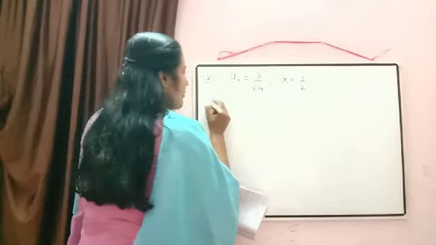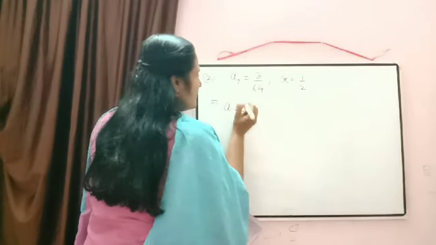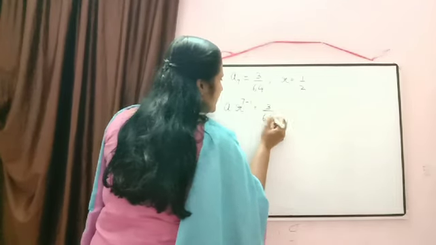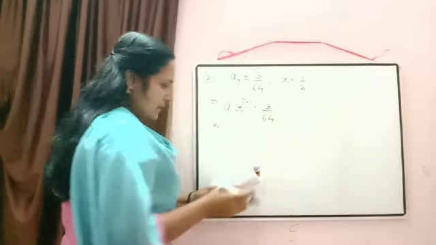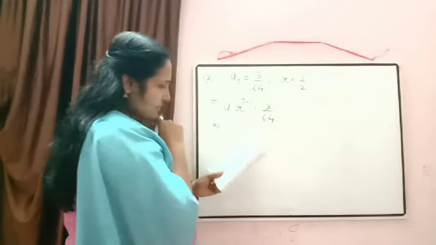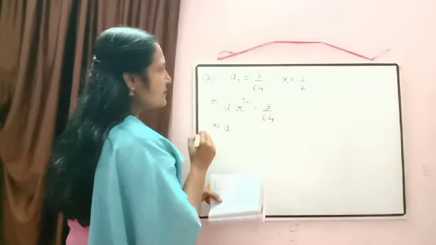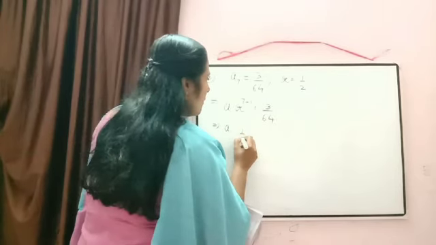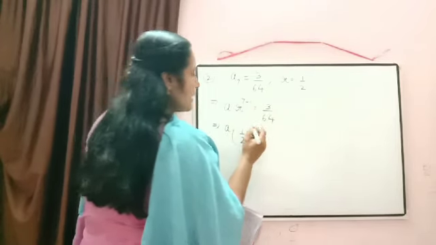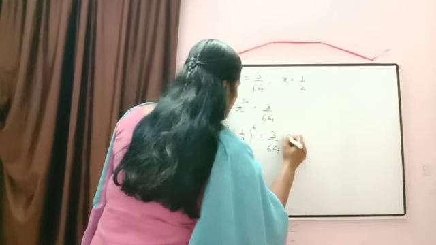According to the formula, the 7th term A7 will be A into R raised to 7 minus 1, which is equal to 3 by 64. Now substitute the values: A we have to calculate, so A is written as it is. In place of R we have 1 by 2, raised to 7 minus 1, which is 6, equal to 3 by 64.